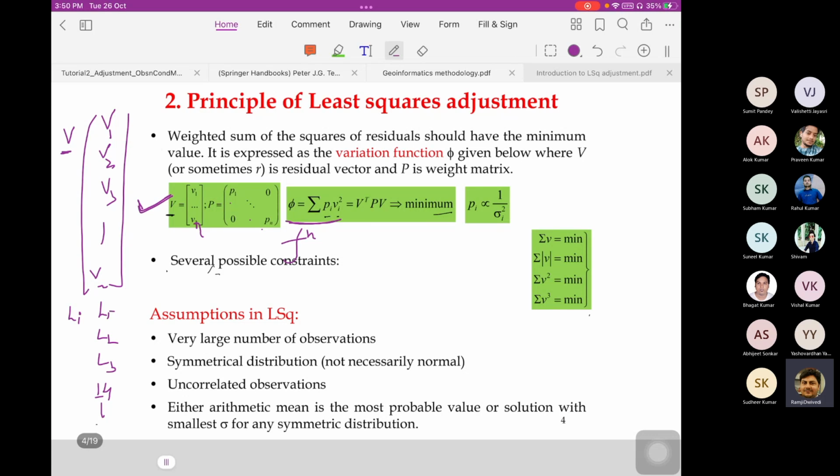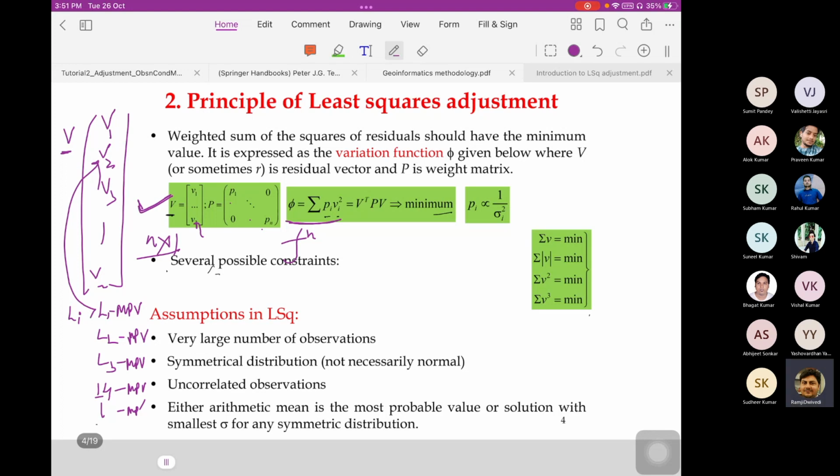And when you subtract the MPV from each observation, you get the residuals. That's why the residual vector has the same size as the vector of observations. That means if the observation vector is written as n cross 1, the residual vector is also written as n cross 1.